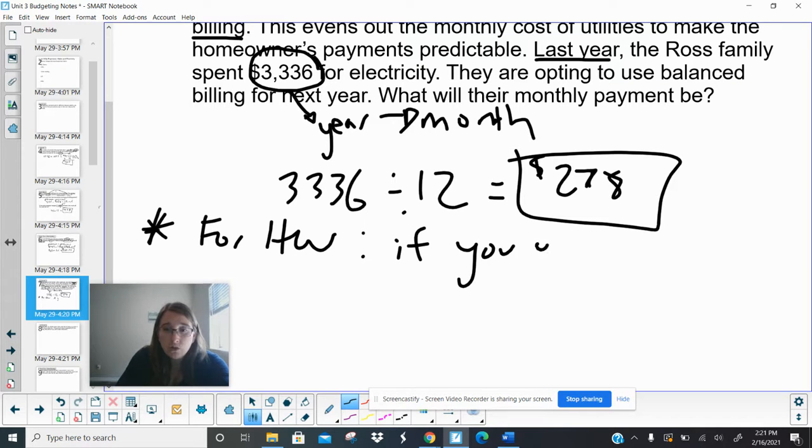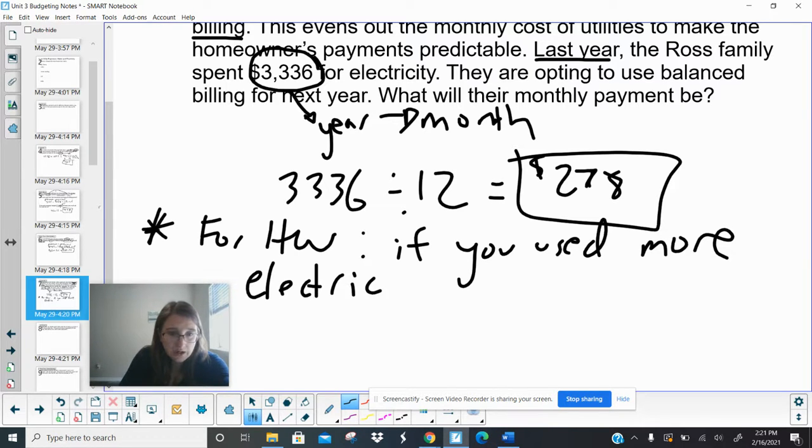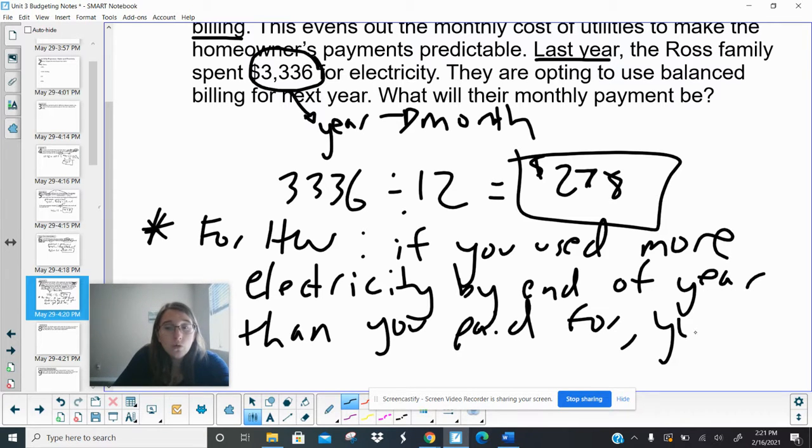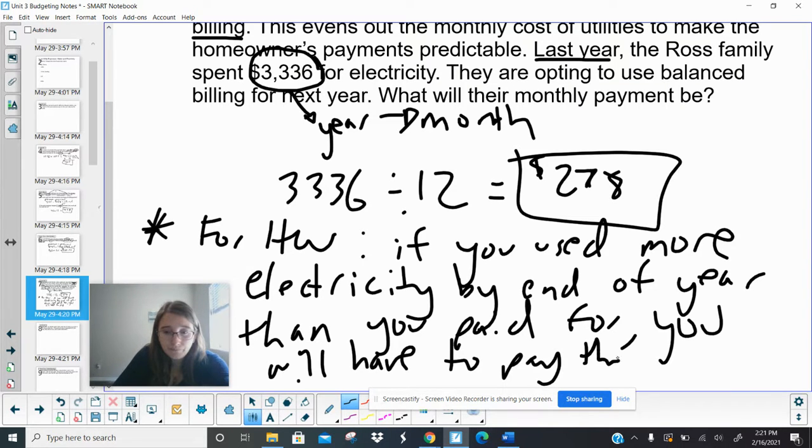If you used more electricity than you paid for, by the end of the year, please write this down because you'll need this for the homework, you will have to pay the difference. So if you need to pause the video to copy that down real quick, you can.